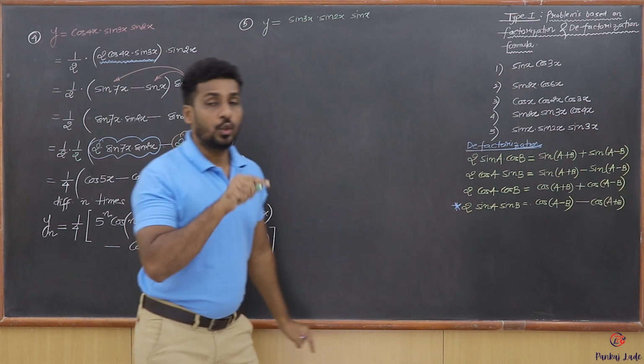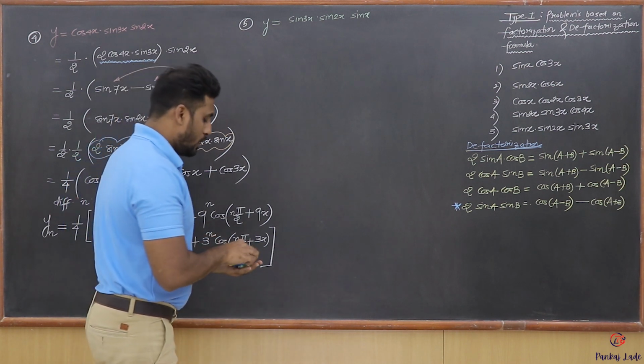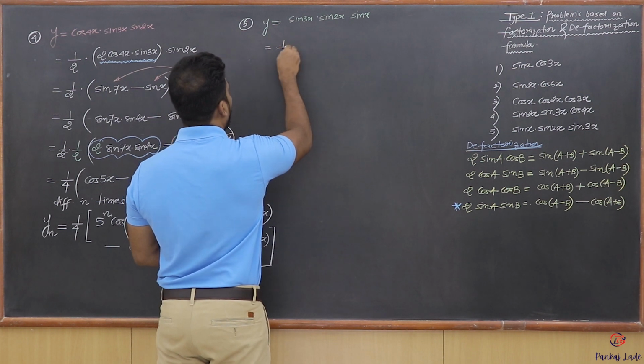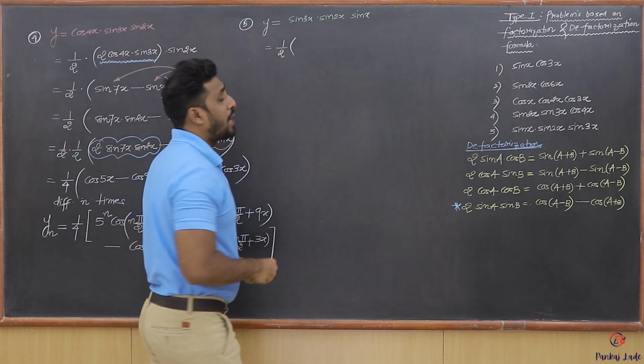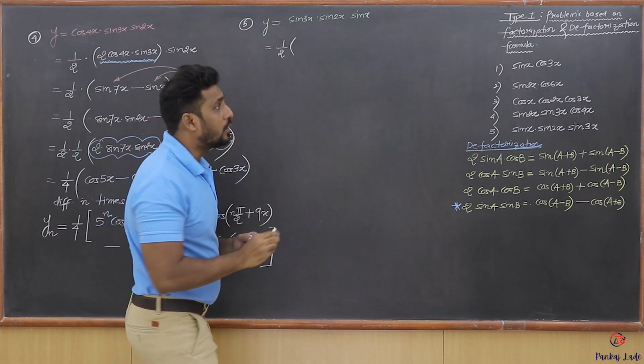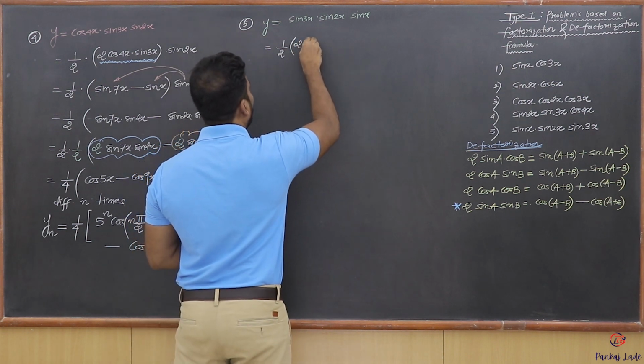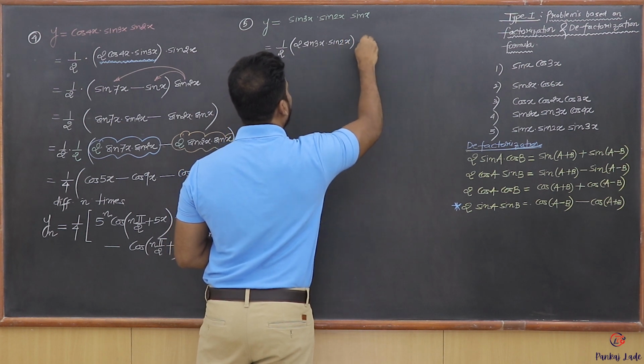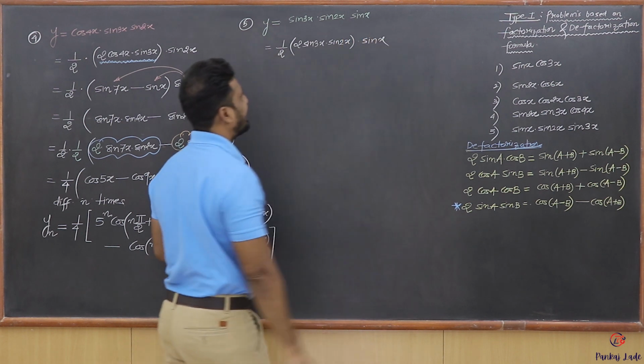So you need to bring the 2 over here. So let's bring the 2, no issues, isn't it? I just multiply and divide by 2. So I get my next step as 1 upon 2. Let's put a bracket because we are going to associate the term. I write 2 sine 3x into sine 2x into sine x, isn't it?